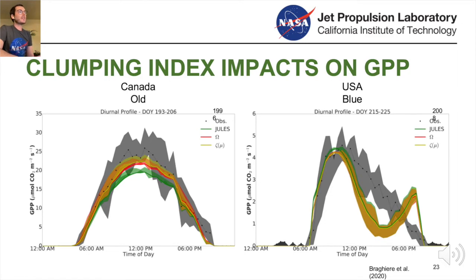Now, for the Blue Oak Savanna, we don't see much variation with the clumping index. And I want to talk about this huge misbehavior here. It looks like JULES doesn't capture the smooth decline in GPP. It rather gives this huge decline and then goes up.